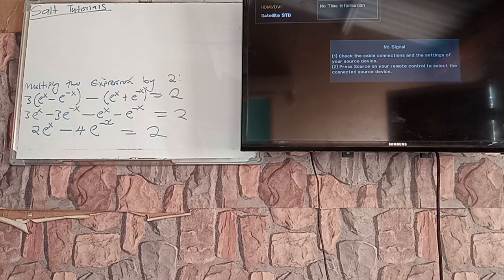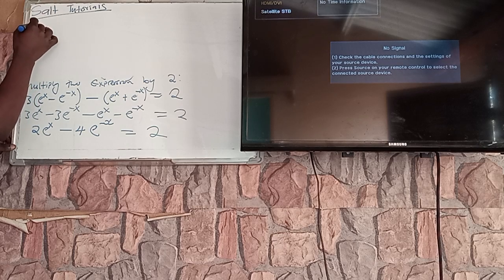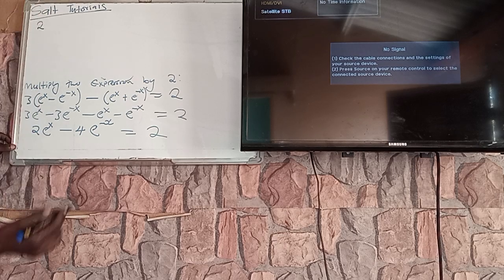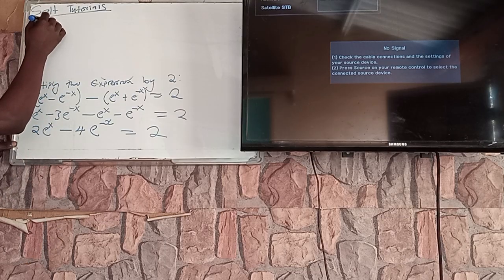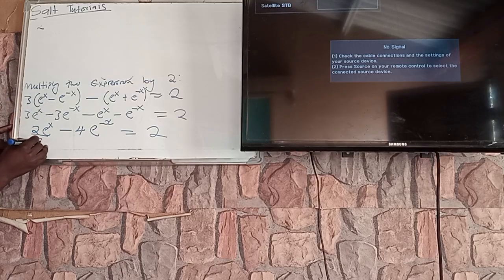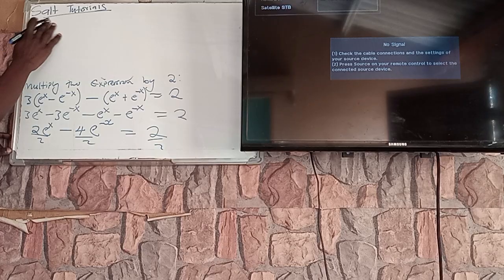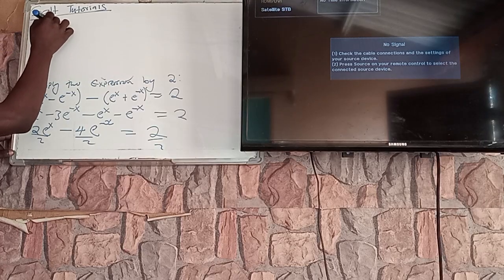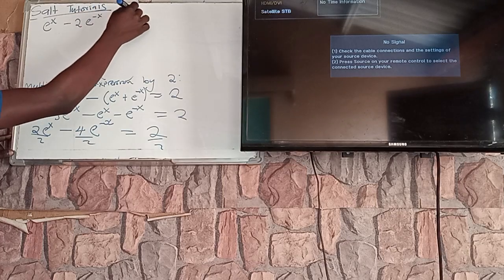So what is going to happen there? We can say divide everything by 2. So if we divide everything by 2, this divided by 2, this divided by 2, this divided by 2, just to simplify things, we're going to end up with e^x minus 2e^(-x) to be equal to 1.